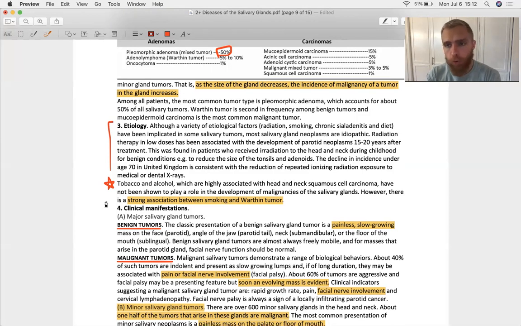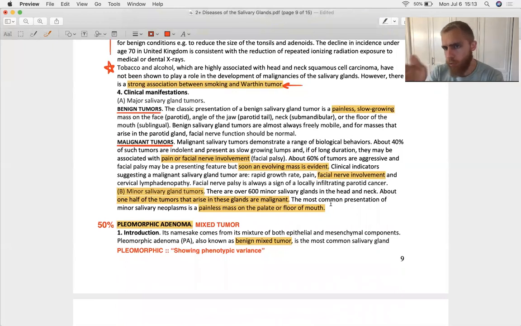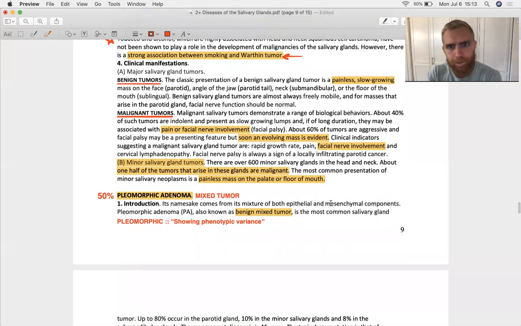However, for the Warthin tumor particularly, smoking is heavily associated. So know that one, but other than that, don't expect any exposure questions on this exam. A lot of histology, that's going to be where the direction is for these questions.